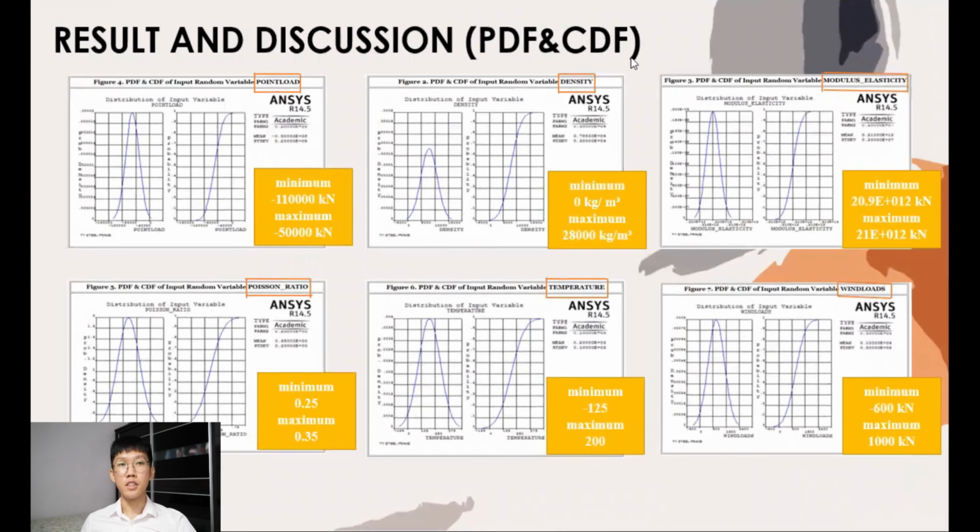For the PDF and the CDF graph, as you can see, all look similar. The point load value, the minimum is negative 110 kilonewton, maximum is negative 50 kilonewton. This is the density value, the modulus elastic value, the Poisson ratio value, the temperature value, and lastly the wind load value.